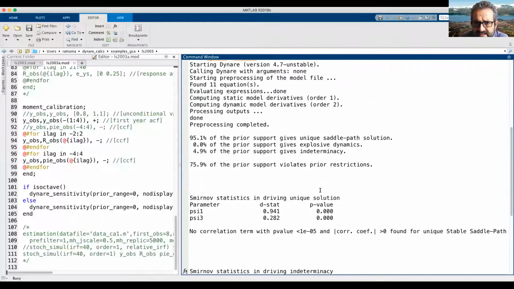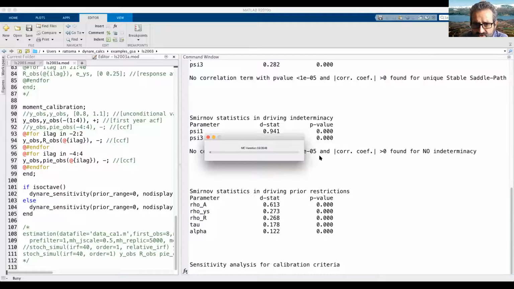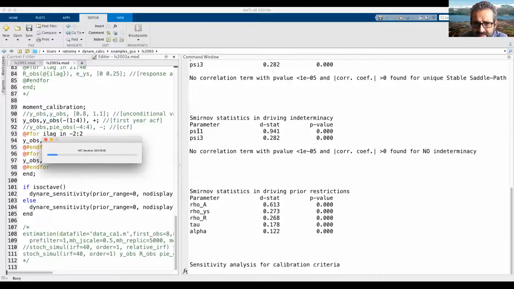By the way, on the screen, we also plot the p-value. As I said in the presentation, the parameter is important. The smaller the p-value, when you see a long array of zeros, it means that, and vice versa, the Smirnov statistic is large, of course, because then it means that the two cumulative distributions are very distant from each other.